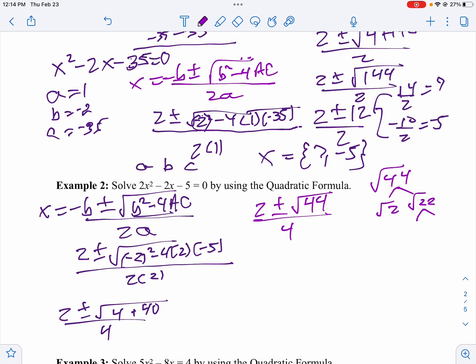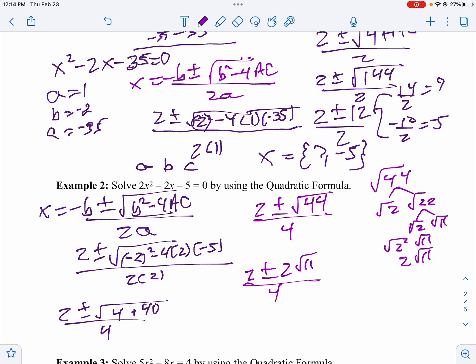The square root of 22 is the square root of 2 times the square root of 11. So now it's the square root of 2 squared times the square root of 11, or 2 square roots of 11. So let's say 2 plus or minus 2 square roots of 11 all over 4.